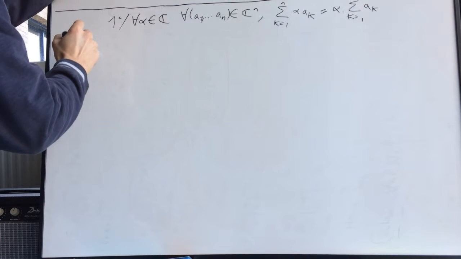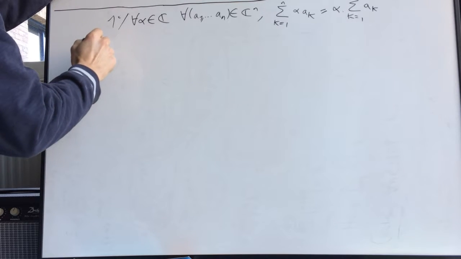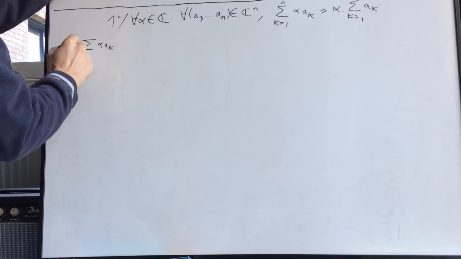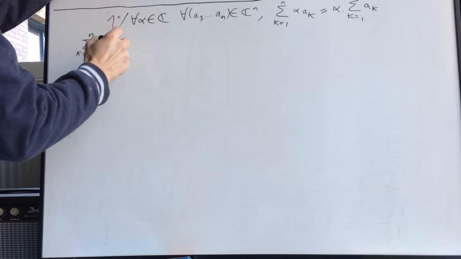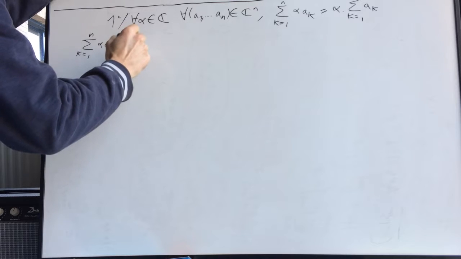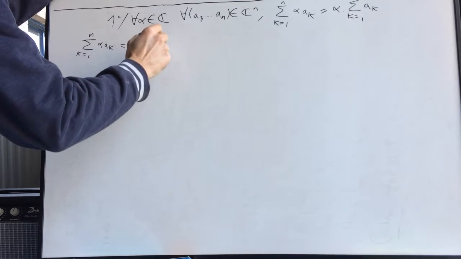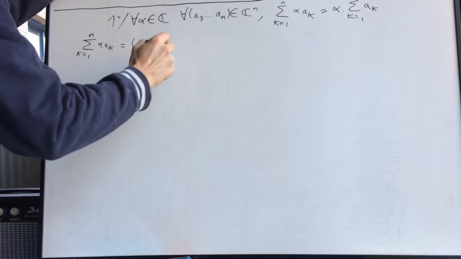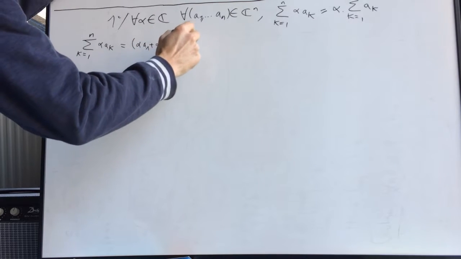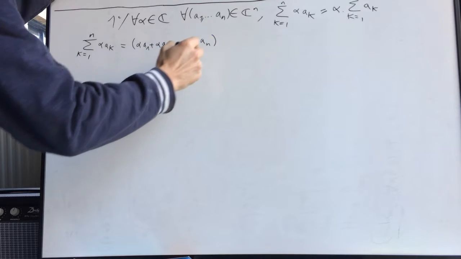So we write the first summation of alpha a sub k, k equals 1 to n, is equal to alpha multiplied by a sub 1 plus alpha multiplied by a sub 2 plus and so on, alpha multiplied by a sub n.